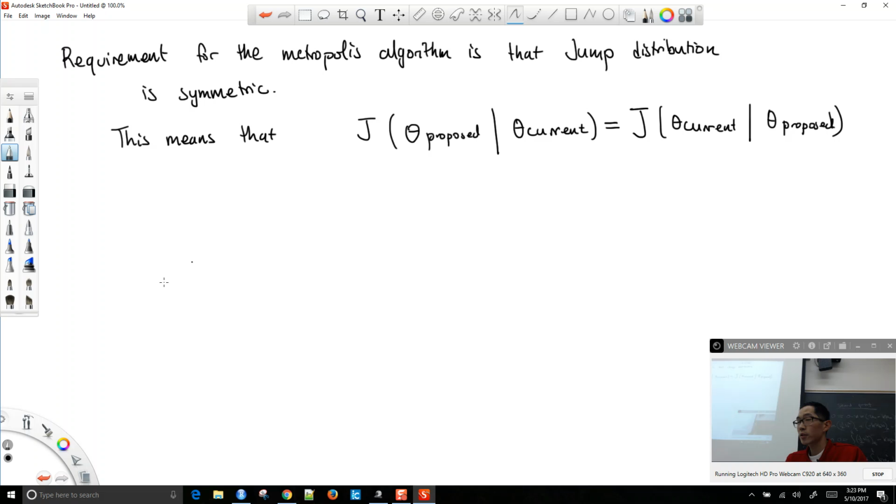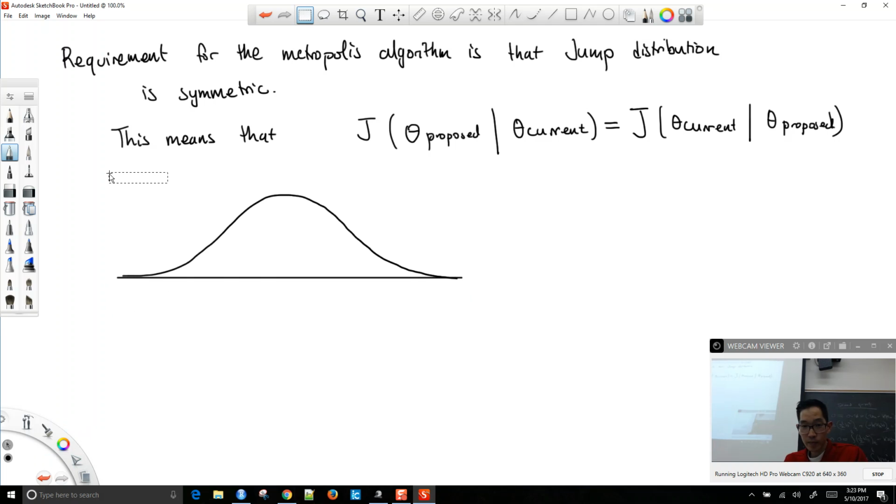Okay, so the normal distribution works this way. What is J?